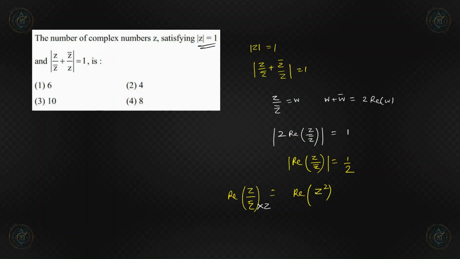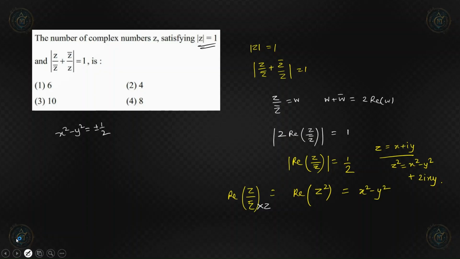The real part of z square, we already know, is x square minus y square, because z is x plus iota y, and z square is x square minus y square plus 2 iota xy. So this modulus is half. That means we have x square minus y square equal to plus minus half.